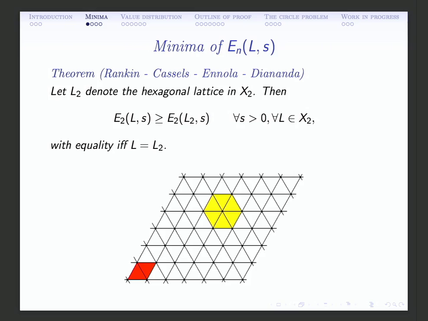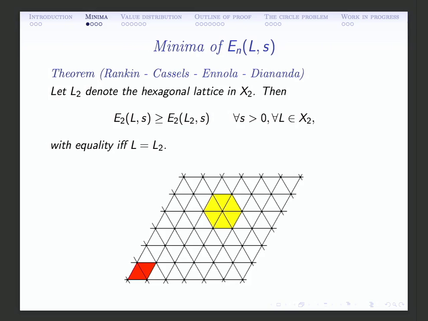It says that if you take L2 to be the hexagonal lattice in R^2, so we are in dimension 2, and we have a picture of it here, then the hexagonal lattice gives the minima for the Epstein zeta function not only for large s, but for all positive real s. So it gives a universal minimum for this zeta function.